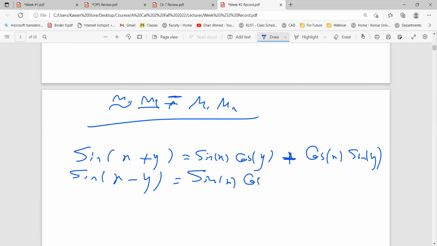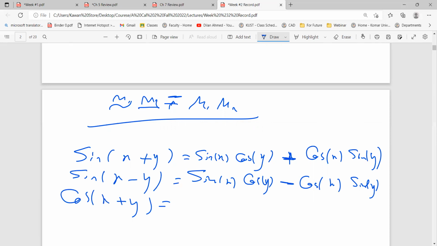So how about sine of x minus y? The same, right? Anything changed? No, nothing changed. The same, just we have addition and subtraction. That's all that we have. So how about cosine?